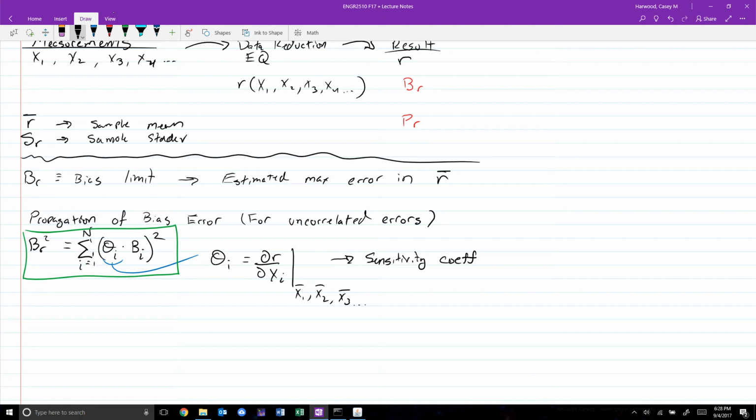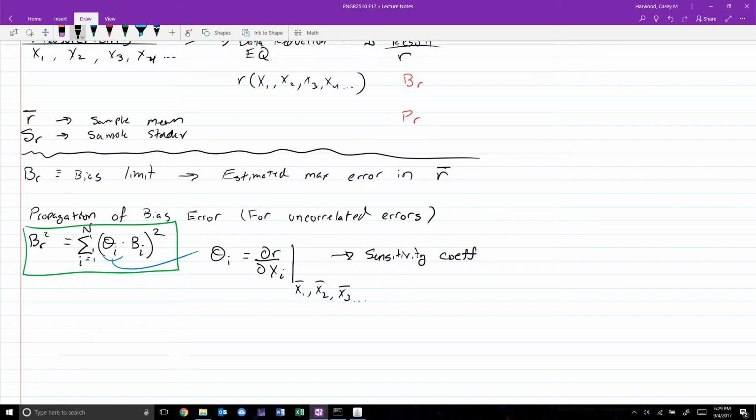And that is, in essence, the slope of r with respect to, in this case, x1. It is how sensitive r is to changes in x1. And thus, if there is some bias error in x1, that is how much it might incrementally contribute towards a bias error in r. This is an extension of the idea of a Taylor series expansion, but I'll spare you all the messy graphs for that right now.